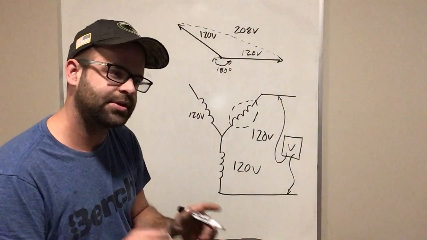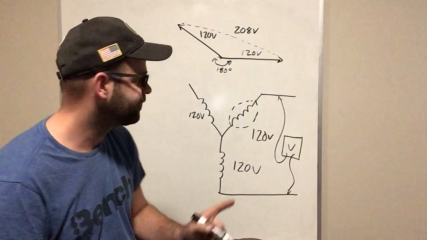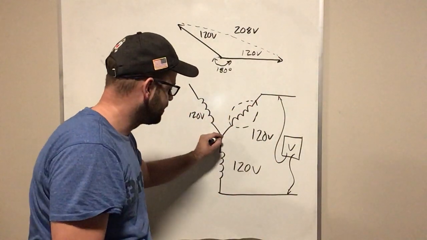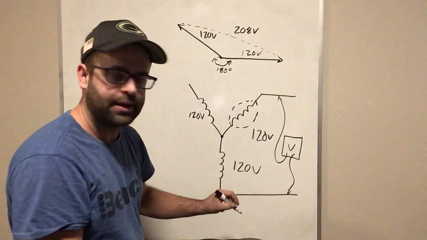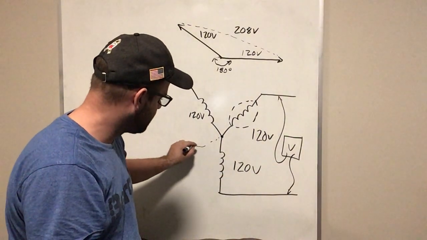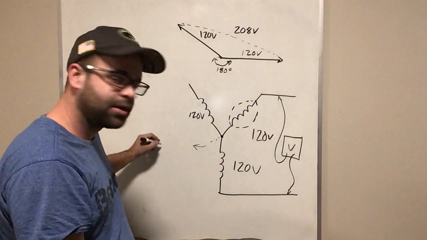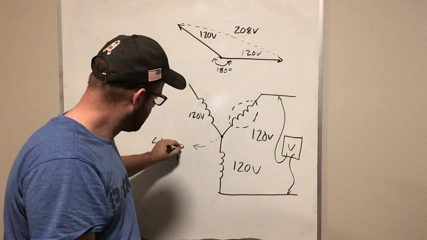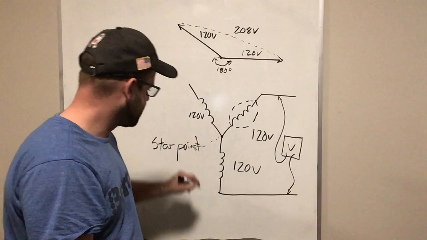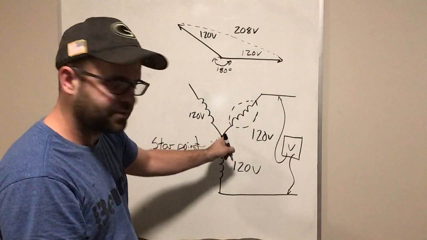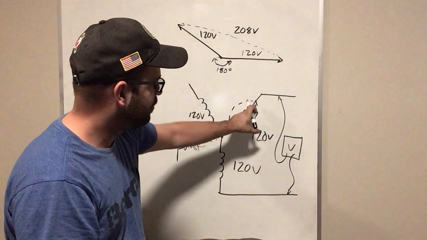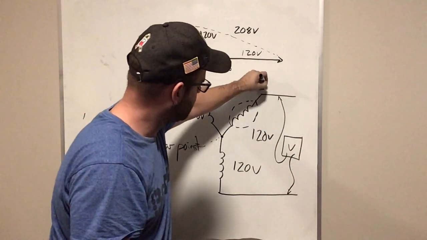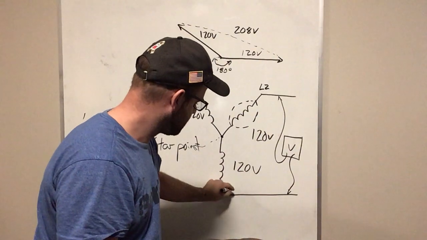So if I was to look at line value with my meter, I would go from this point here to my center point, and this guy, I'll make a note, this is called your star point. So that's your star point, in the very center. If I go from lines, so this would be like line 1, line 2, line 3.